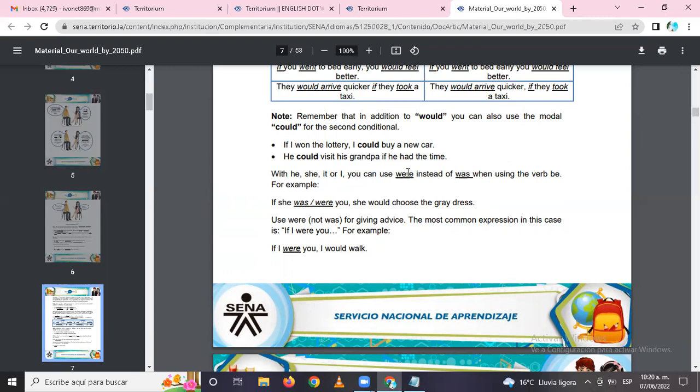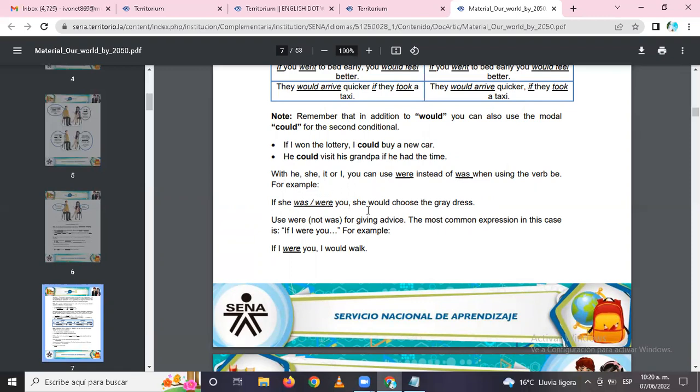Realmente el que se usa es were. Bueno, no dice que se puedan usar los dos, dice que se puede usar este en lugar de este. Pero hay algunos textos que usan este, pero realmente en el segundo condicional, aunque la conjugación aceptada es she was, I was, he was, it was, lo utilizamos con were.